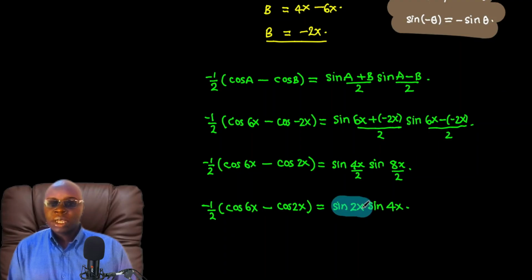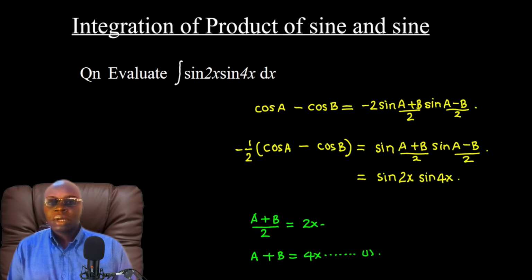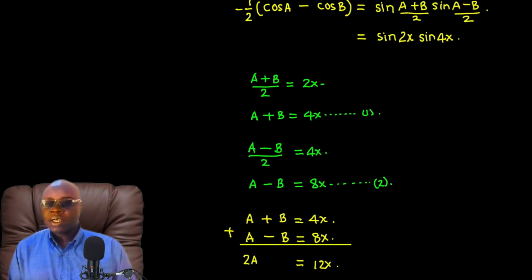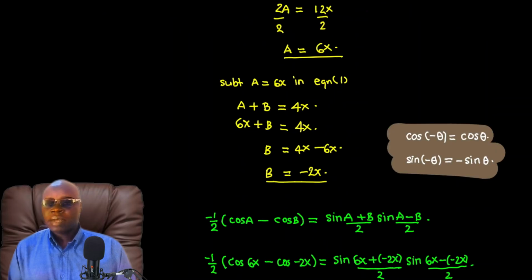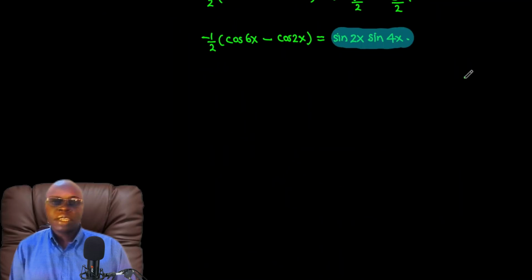When you check this part here, you realize that this is exactly the same like our question above here. You can see it's exactly similar to our question here. Now since they're the same, we can now go ahead and rearrange such that this side becomes the left hand side, and we will go ahead and integrate.